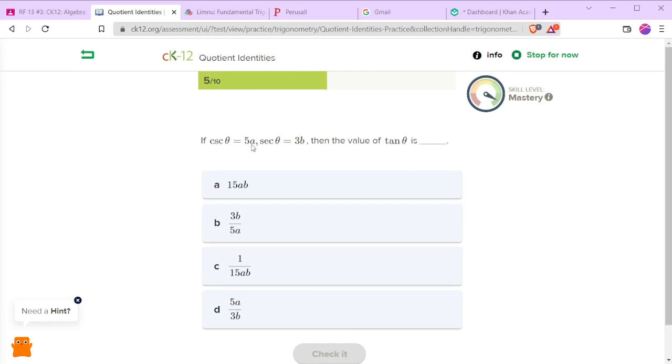So if cosecant is 5a and secant is 3b, then the value of tan theta, well, if tan is sine over cos, then tan would be secant over cosecant. Putting the secant in the numerator, we'll get the cosine in the denominator. Putting the cosecant in the denominator gets the sine in the numerator. So secant over cosecant is 3b over 5a.